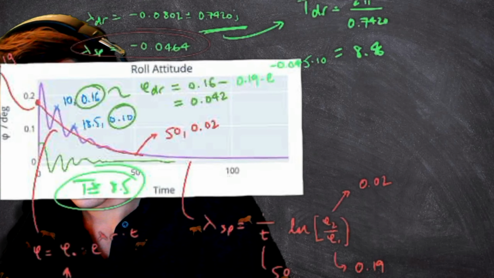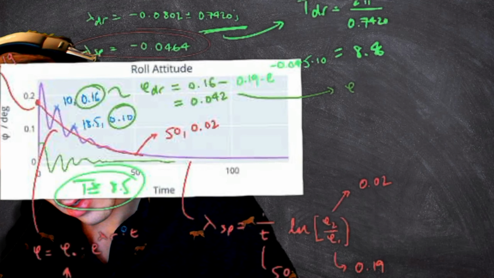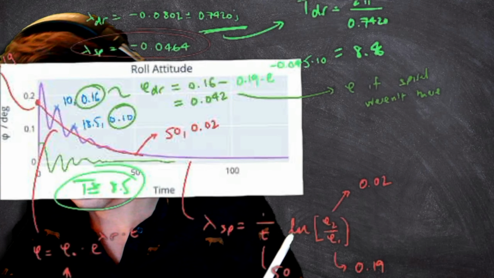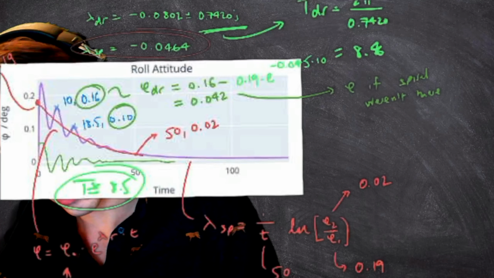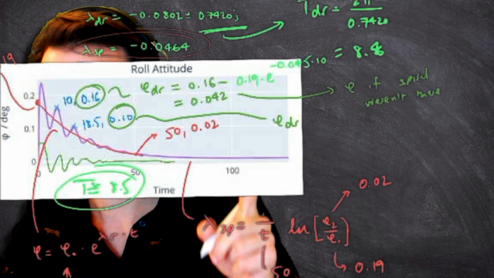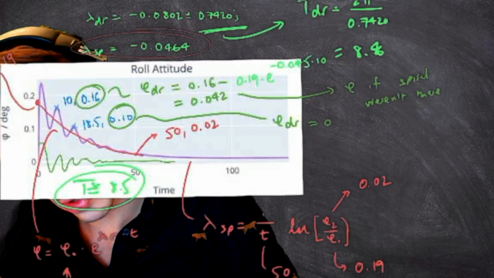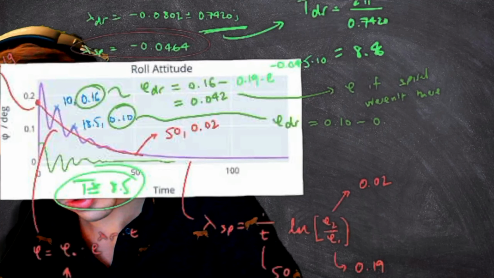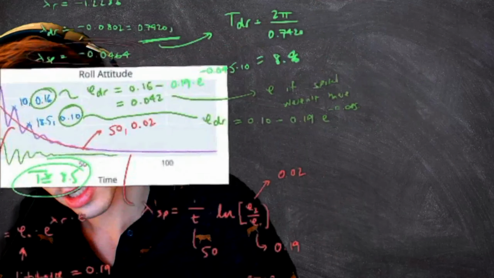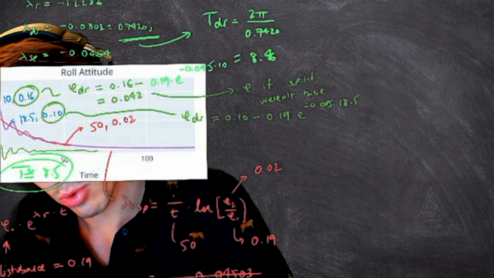So this would be the phi if the spiral mode wasn't there. And then we can do something very similar. We can say over here that the phi due to the Dutch roll at this peak would be equal to 0.10 minus 0.19 multiplied by e to the minus 0.045 multiplied by 18.5 rather.